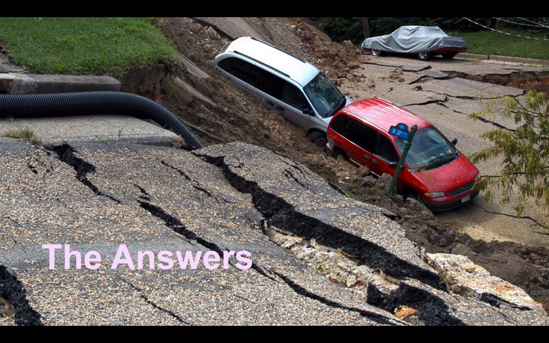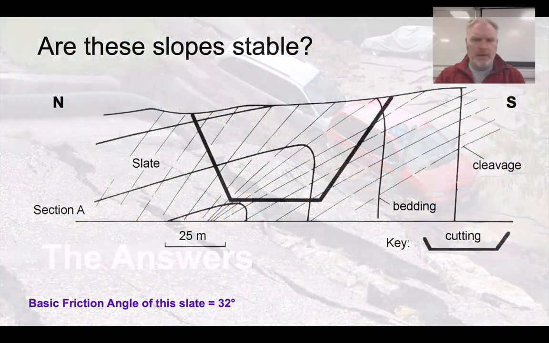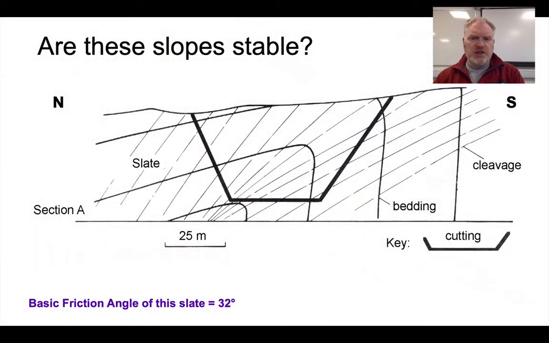Okay then, let's have a look at some answers, see what you've come up with. If we start with section A, we've got a basic friction angle of this slate of about 32 degrees. We can see on the north side of this slope a dip of cleavage, which will be a discontinuity, is greater than 32 degrees.